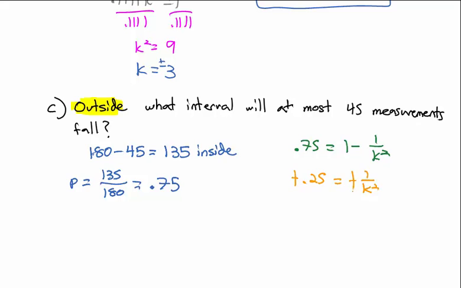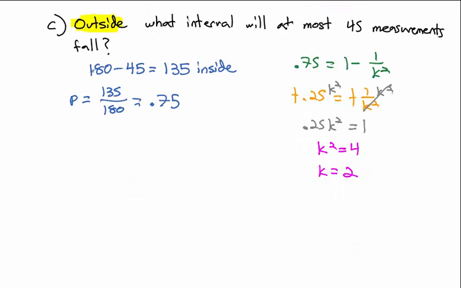Negative, negative makes it positive. Multiply both sides by k squared to get rid of the fraction. 0.25 k squared equals 1. Divide by 0.25, and you get 4. So k must equal 2. We are 2 standard deviations from the mean.